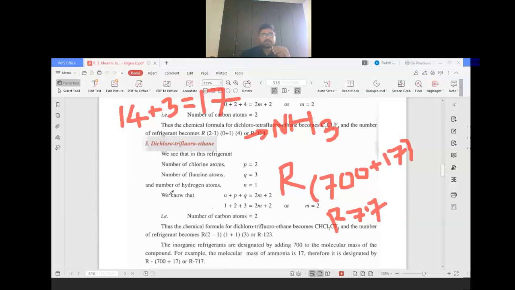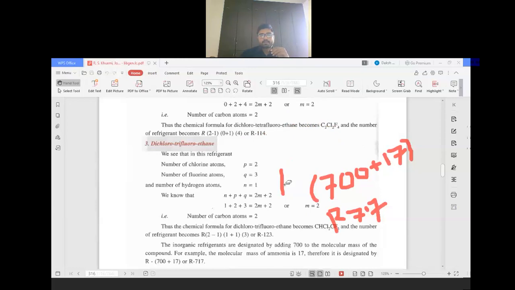And also suppose you want to indicate the number for H2O. So what will be the refrigerant number? So let us identify that. Also some of the rules are there that you can read on your own, like if bromine is present, what to do. One of the rules is mentioned in the book, that if bromine is present, what you have to modify in our refrigerant number.